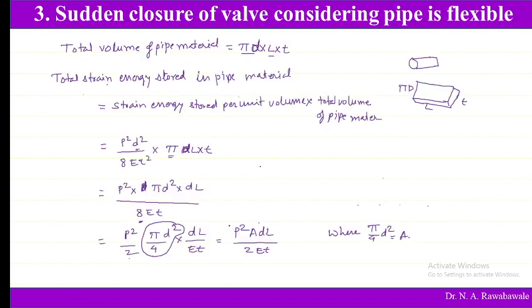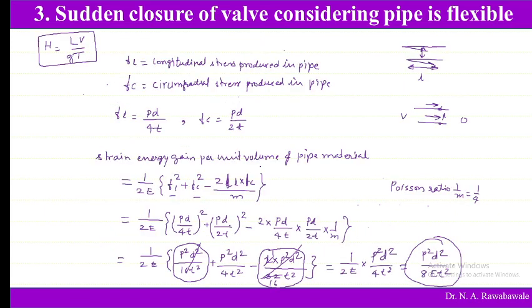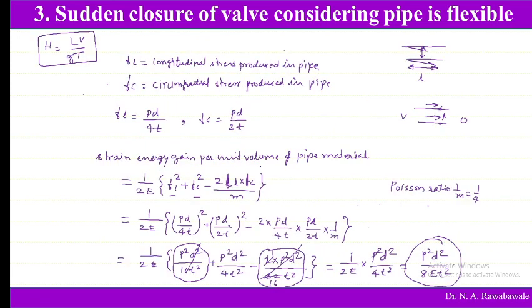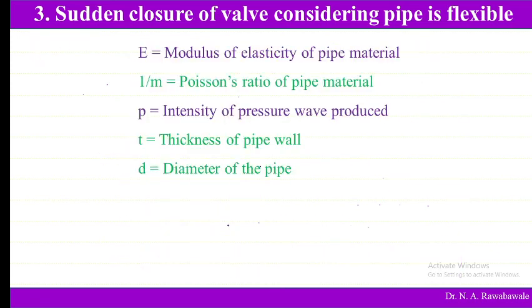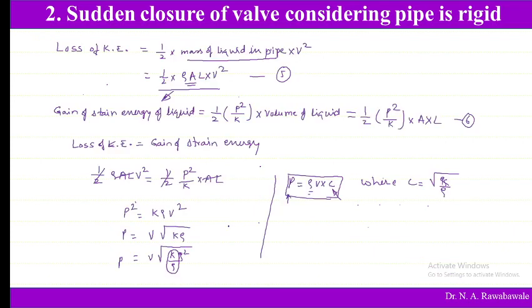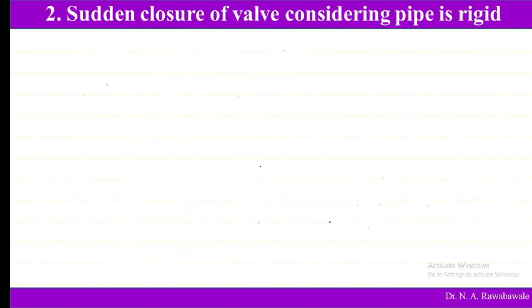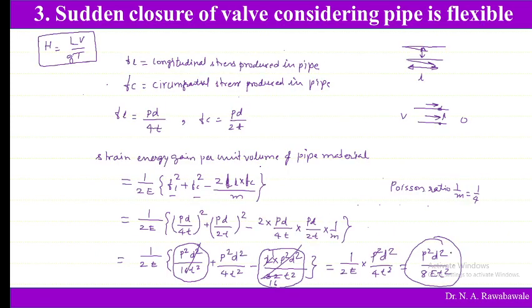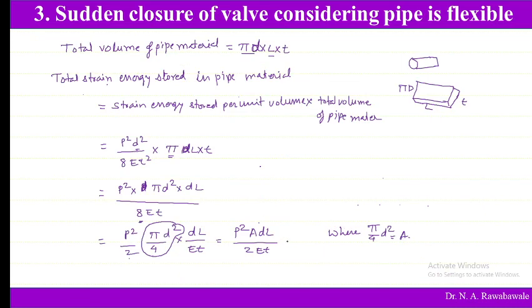So we will label these as equation numbers: 5, 6, this as 7, this as 8, and then this as equation number 9.